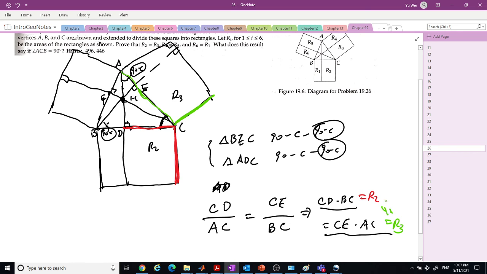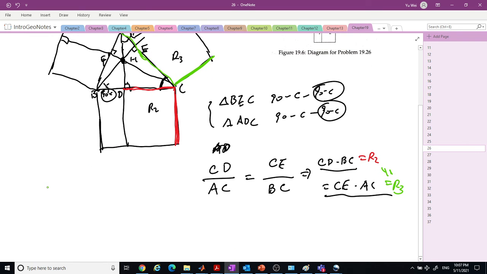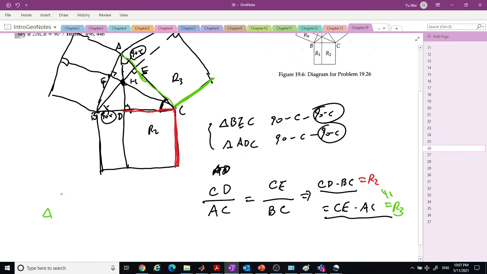Similarly, you just need to find some other similar triangles. For example, ABD is similar to triangle CBF. You can prove all the other areas are the same.